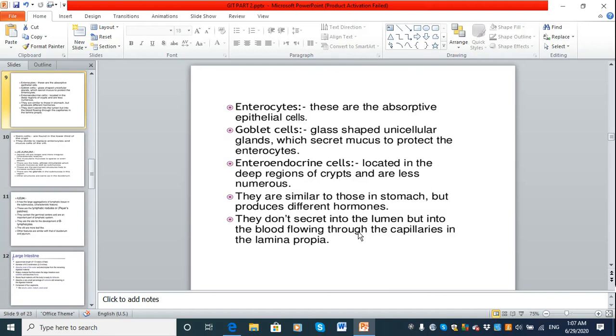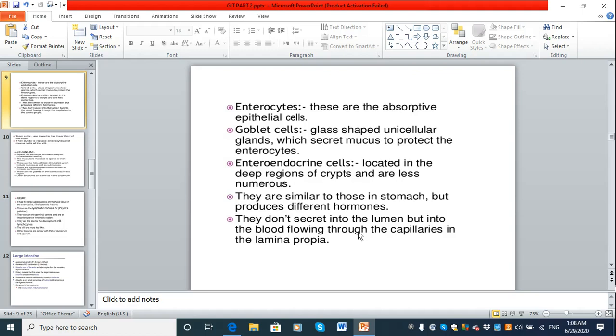All right. Enterocytes are absorptive epithelial cells. Goblet cells are like a glass-shaped unicellular gland, and they secrete mucus supporting the enterocytes. It has a protective function, while endocrine cells are located in the region of the crypts and are large in number. Also, they are similar to those in the stomach, but secrete a different kind of enzyme or hormone.